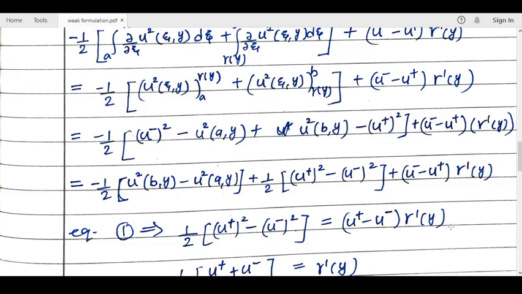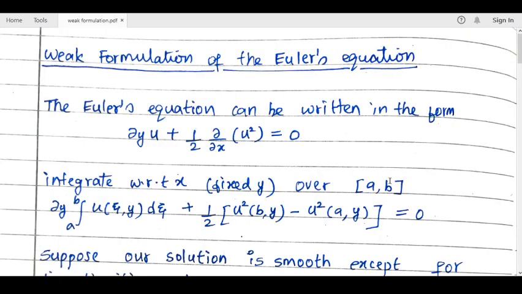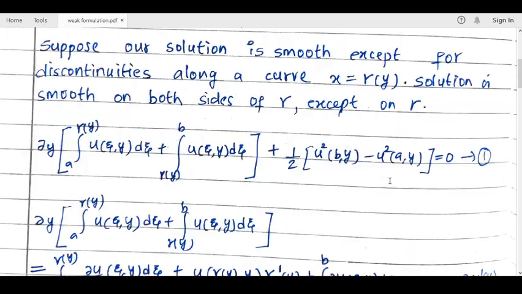So for the first term we have simplified it and we got this answer. Now we will substitute into our equation 1. So what is our equation 1? This is equation 1. From equation 1, the first term only we took, and we did so many simplifications. Now we will substitute the value.